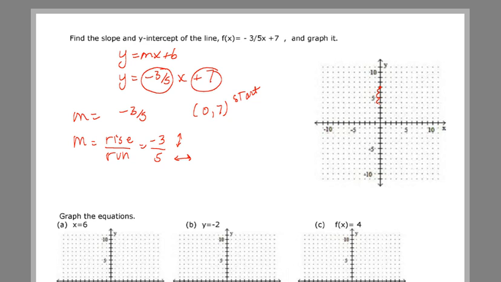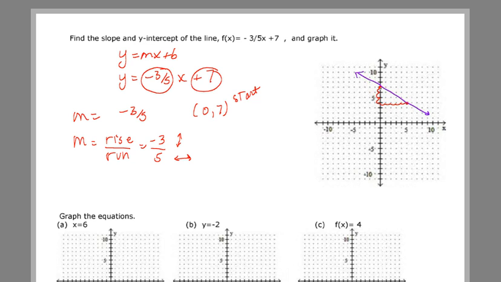Then I'm going to run across 5, 1, 2, 3, 4, 5. And what that does is it gives me another point on my line. I can connect those 2 points and graph my line. So connecting those points, I've graphed the line y equal -3/5 x plus 7.